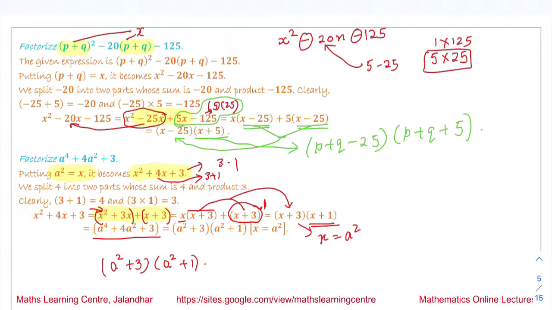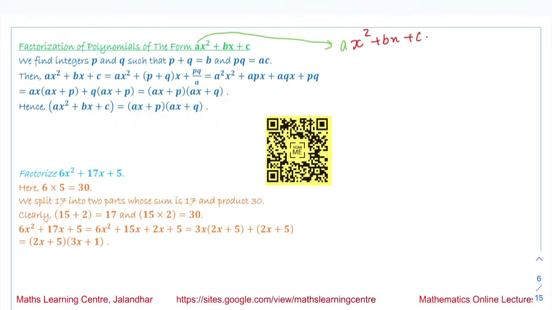So till now we were dealing with equations of the form x square plus bx plus c. Now we are going to deal with equations of the form ax square plus bx plus c. In the previous case we were saying that p plus q should be b and p into q should be equal to c.